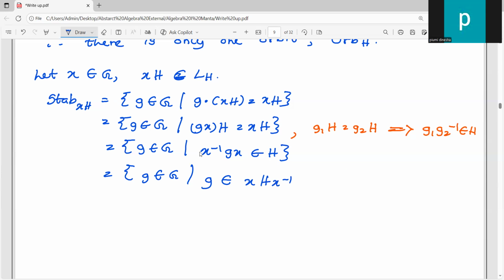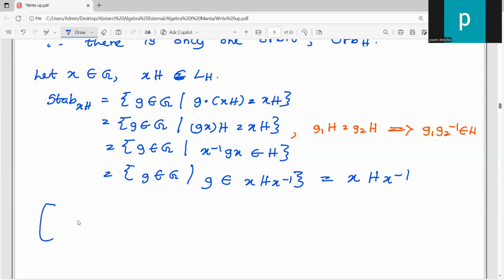If you have x inverse gx to be an element in H, this means g must be an element in xHx inverse. You can see this. So we can conclude that this entire set, g in G, contains elements from the set xHx inverse.